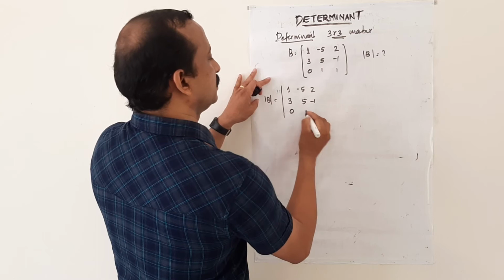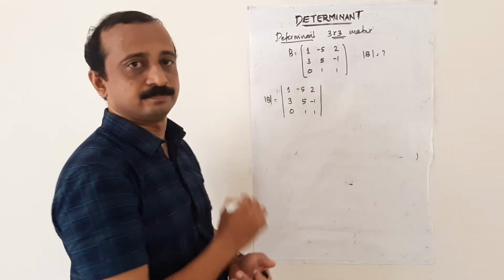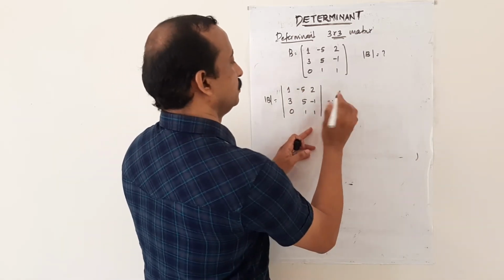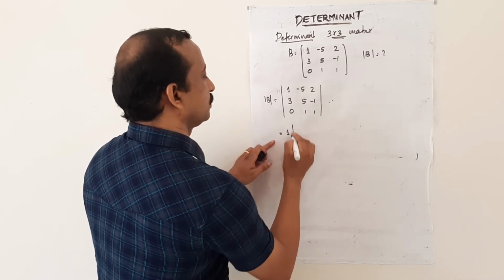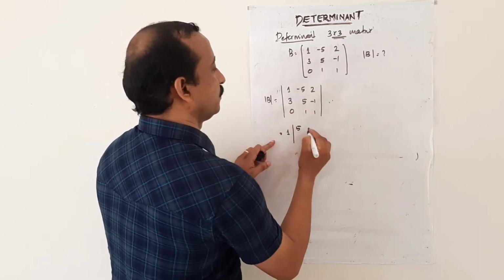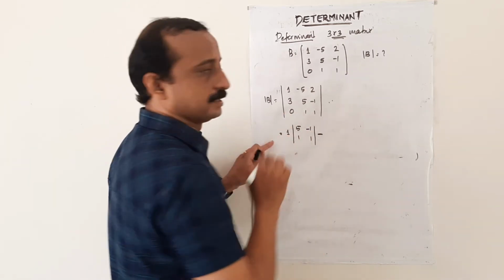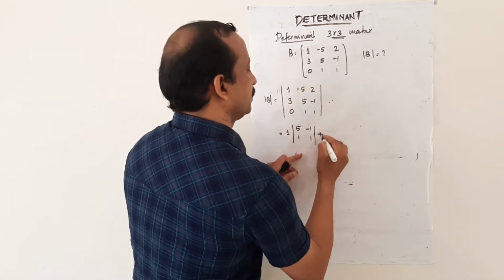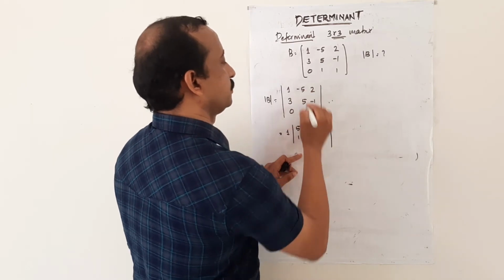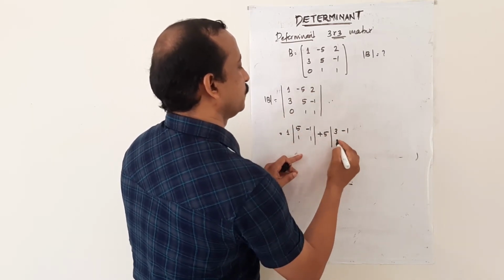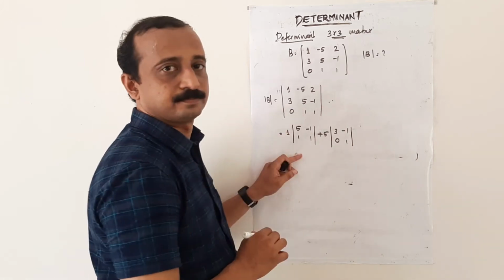Determinant of B is equal to the determinant of 1, minus 5, 2, 3, 5, minus 1, 0, 1, 1, which is equal to 1 into corresponding row and column delete, 5, minus 1, 1, 1. Then sign minus. Select the second number minus 5, minus and minus is plus 5, corresponding row and column delete, 3, minus 1, 0, 1.